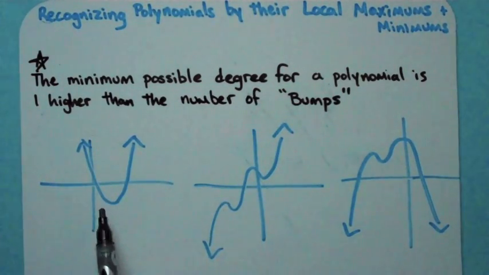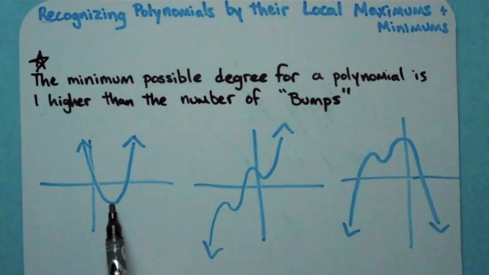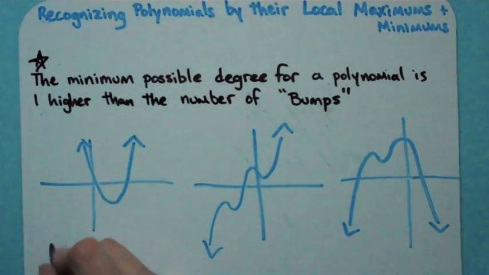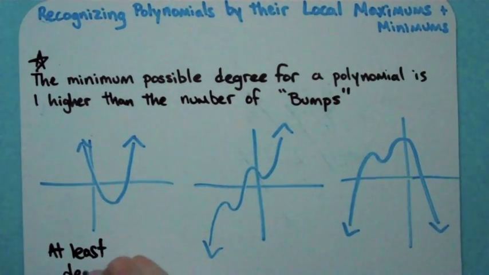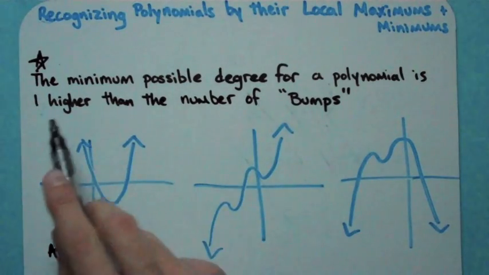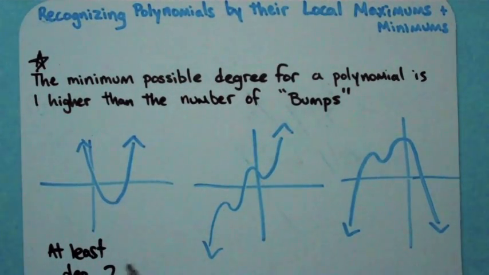If we're looking at our first graph here, there's one bump on our graph. That means the smallest degree possible for this graph is 2. So it's at least degree 2. There was one bump, and you have to go one higher than that. This could be degree 2, degree 3, degree 4, degree 5, something higher, 2 or higher, basically.